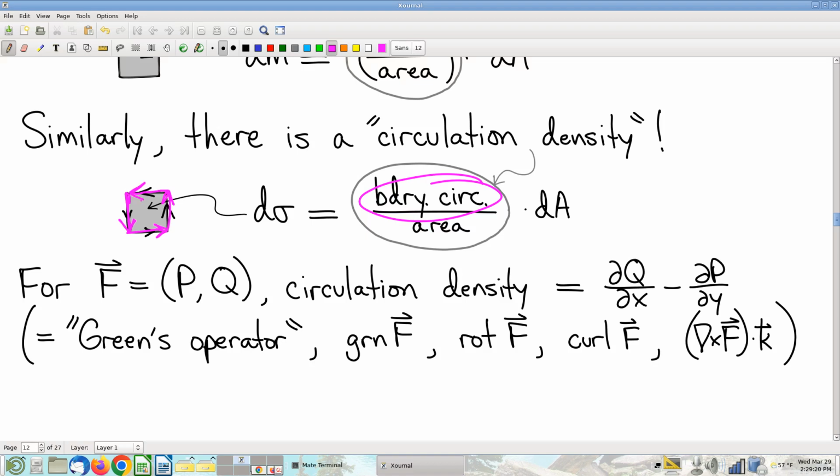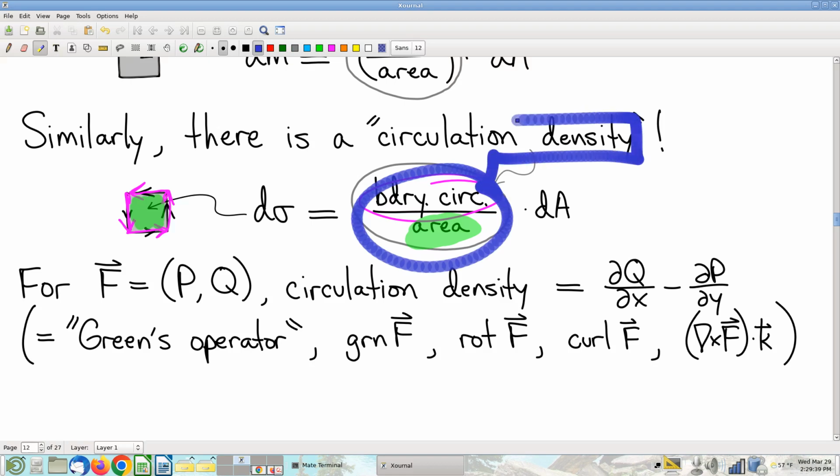I can divide that by the amount of area that it's distributed over. And again, I have accumulating quantity per unit area. And this too, we're going to call a density. Because the accumulating quantity is circulation, we're going to call this circulation density.